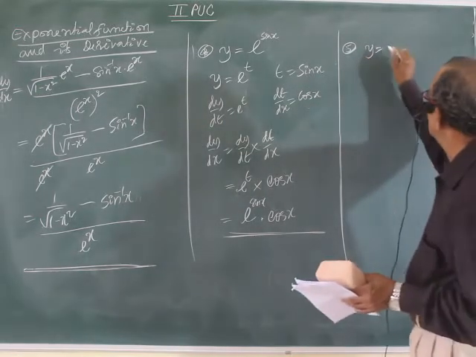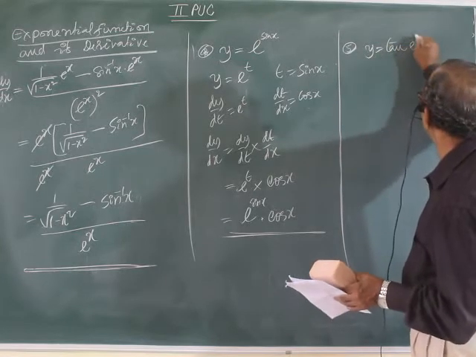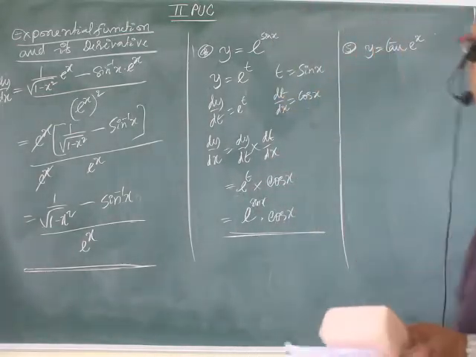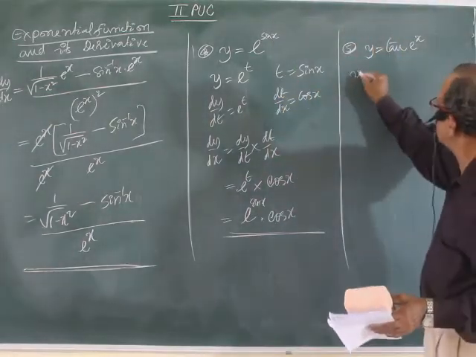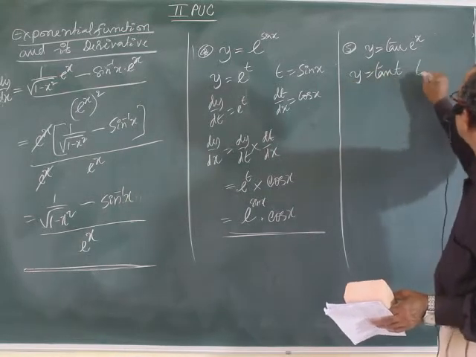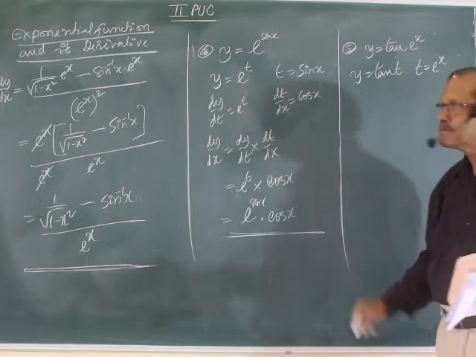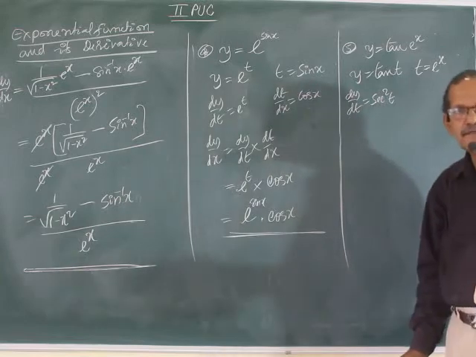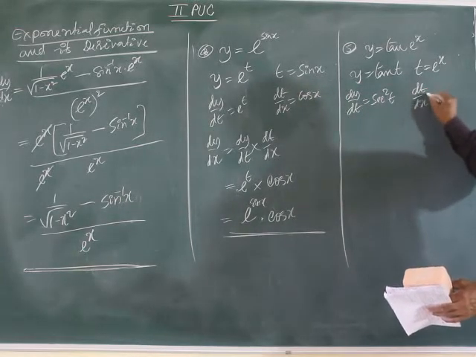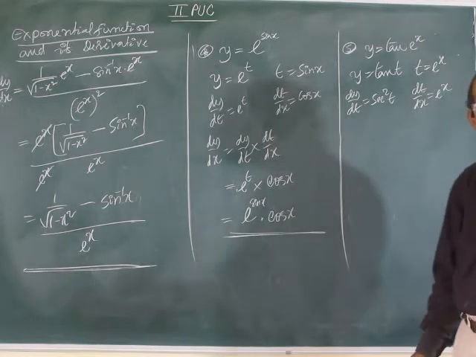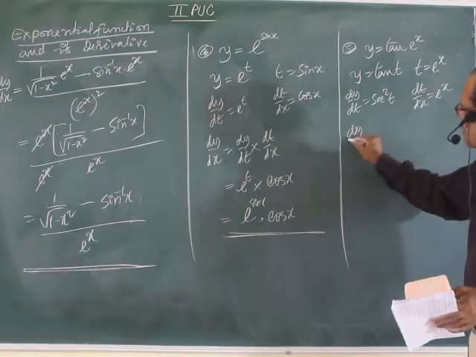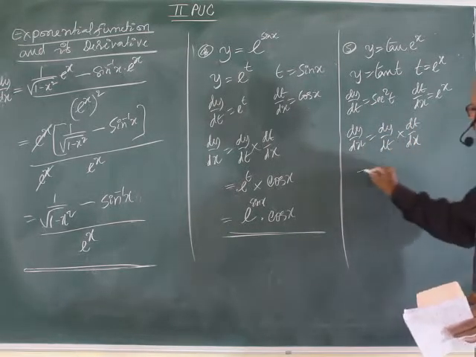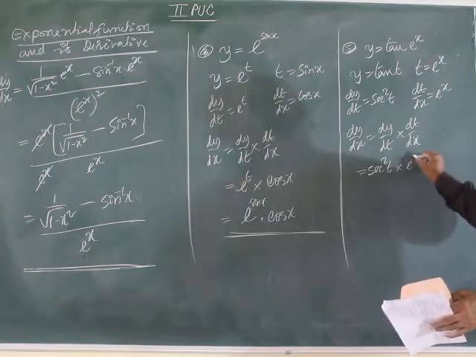Let me have one more. y equal to tan of e to the power x. Again, chain rule itself. y equal to tan t, t equal to e to the power x. dy by dt is secant square t, dt by dx is e to the power x. dy by dx equal to dy by dt into dt by dx, or secant square t into e to the power x.